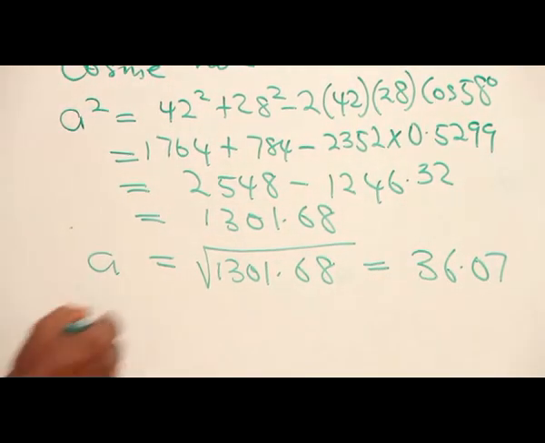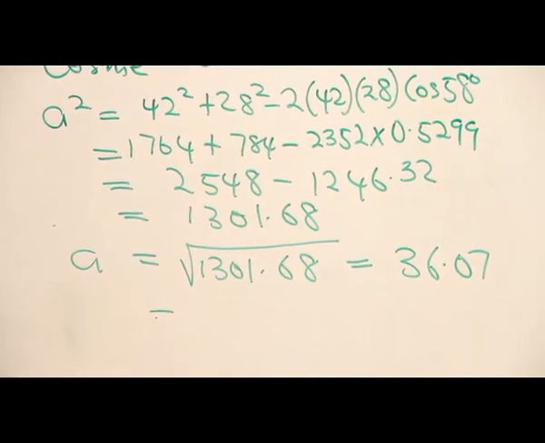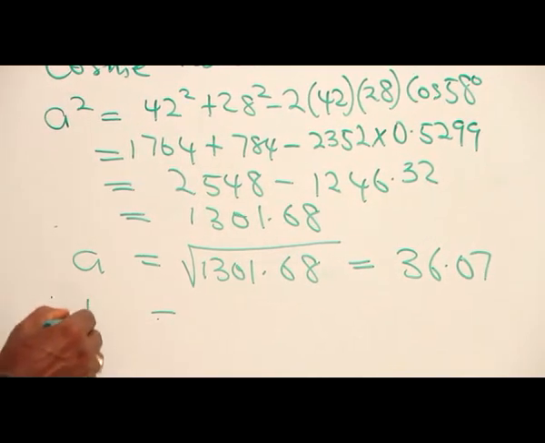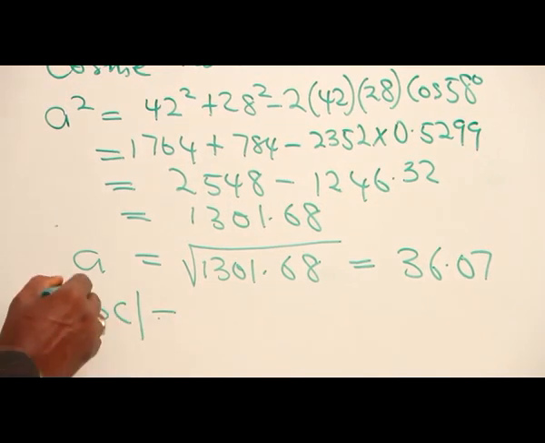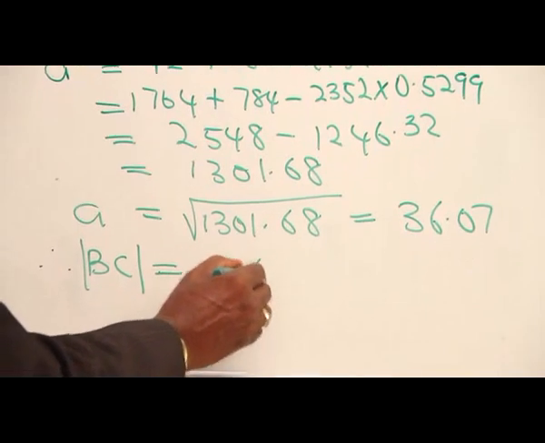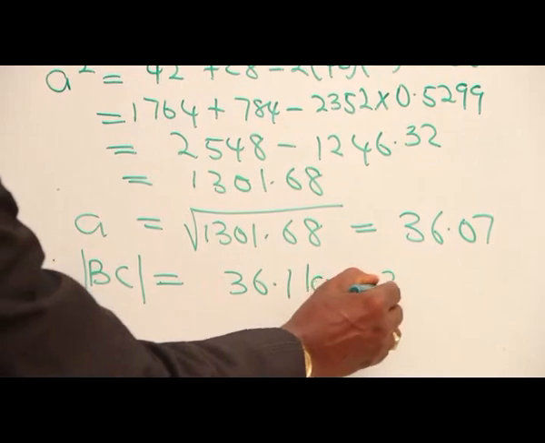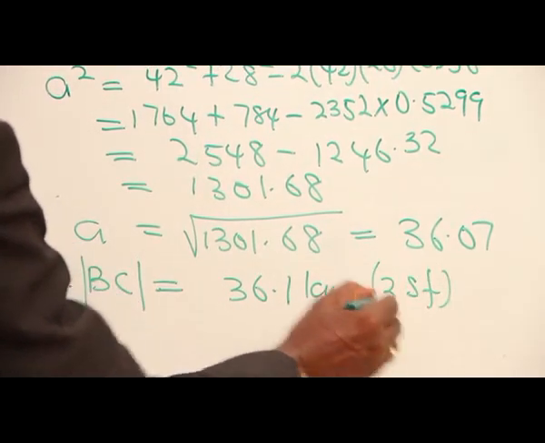So our distance from B to C, therefore the distance BC, will be equal to 36.1 kilometers, corrected to 3 significant figures.